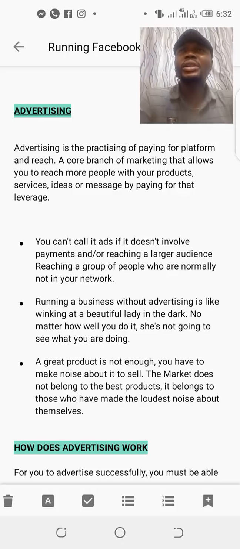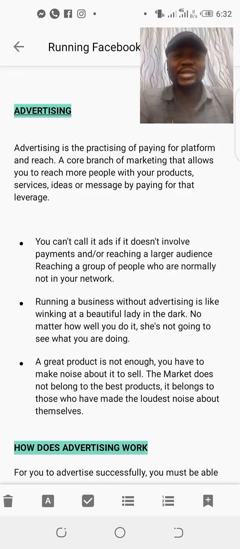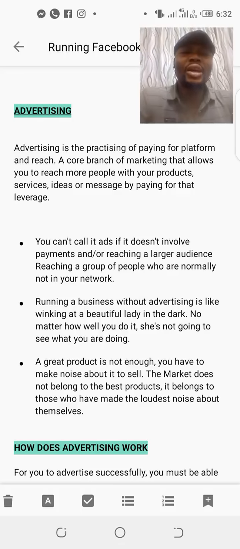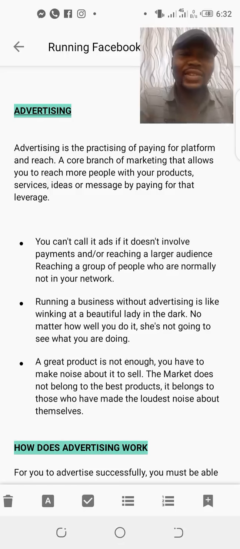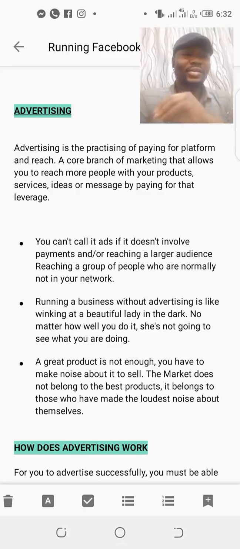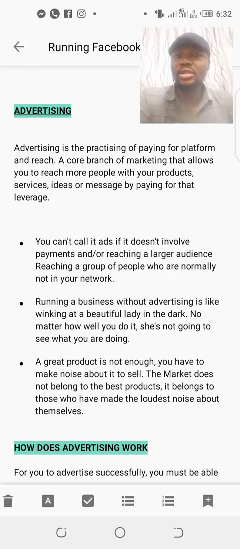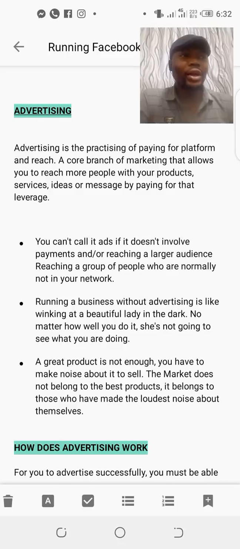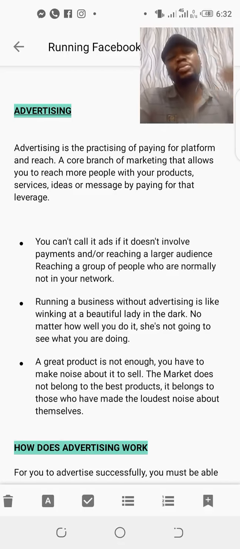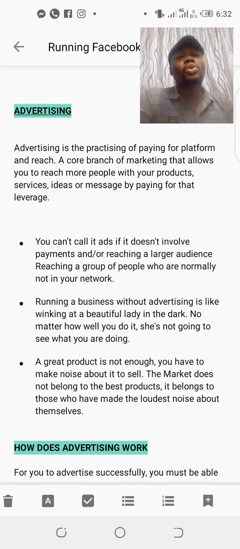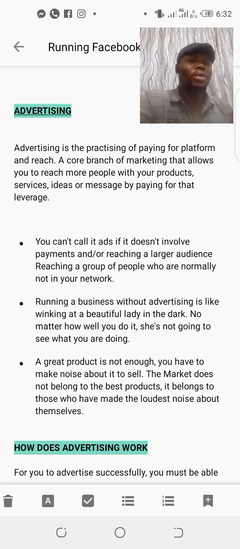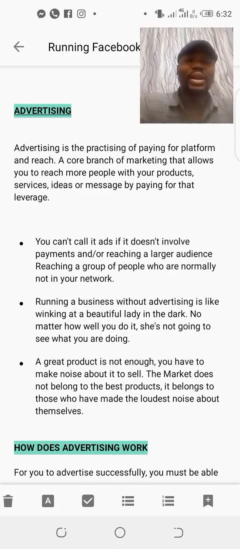They tell me they have been messaging people in their DMs, sending broadcast messages. Some of them tell me they only advertise on their status. You can't call that advertising. In fact, using the word advertising there is absolutely wrong. You're just marketing, you're not advertising. You can only say you're advertising when you are reaching out to people who don't know you, people who have not heard about you. All right, so that's what advertising is.